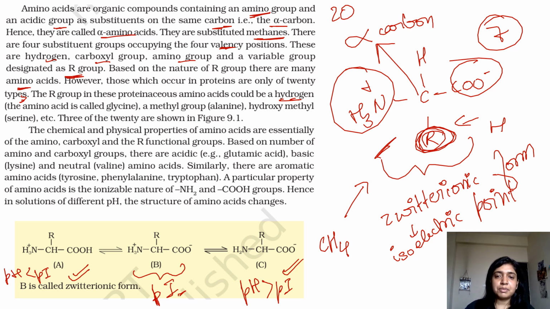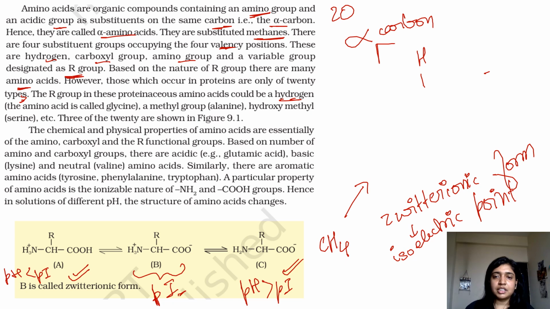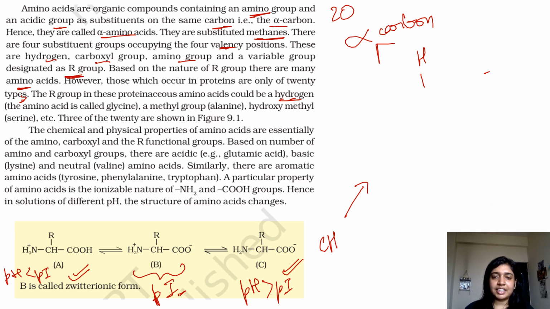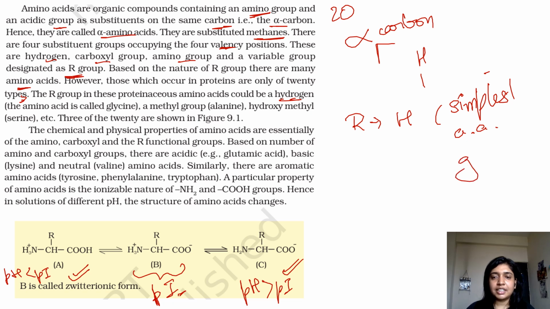Okay, I'll just rub some of this off so that I can write more relevant content. All right, so when your R group is hydrogen, it is the simplest amino acid, which is known as glycine. Questions have come from this part, so it's important.